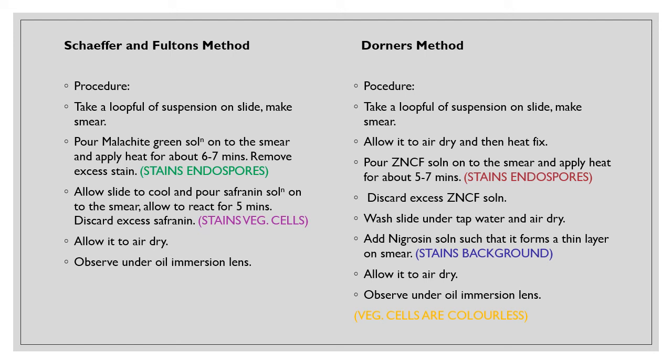So we apply a physical accentuator, which is heat or steam, and this helps the ZnCF solution penetrate the spore coat and stain endospores red or pink. Nigrosin is the other stain used in this method, and it stains your background, but your vegetative cells are not stained and remain colorless. This is the principle behind Donner's method.